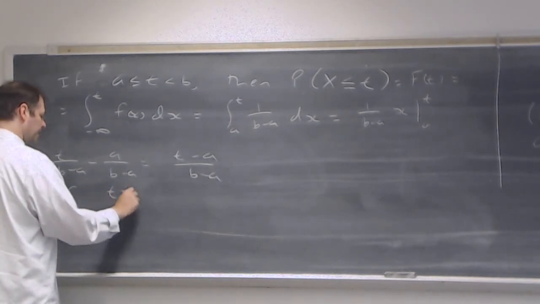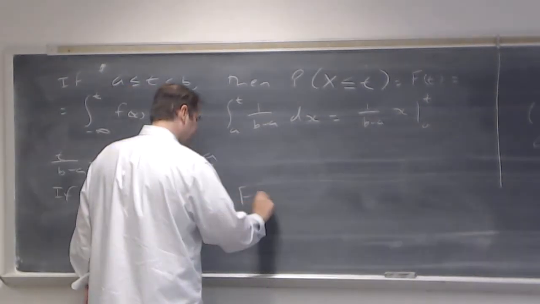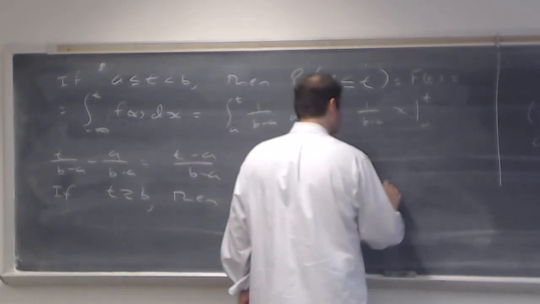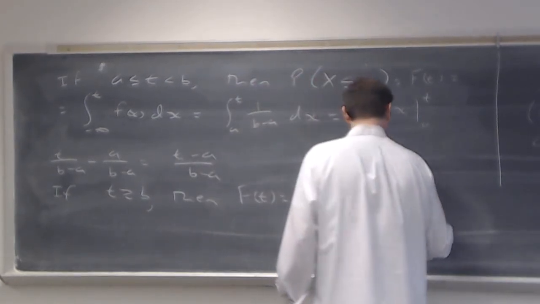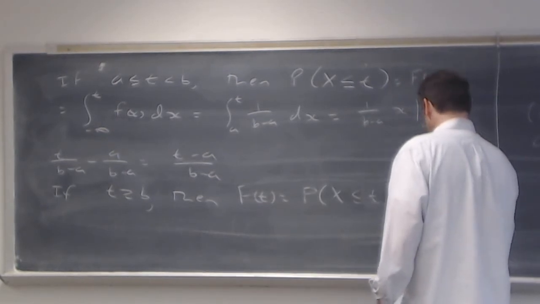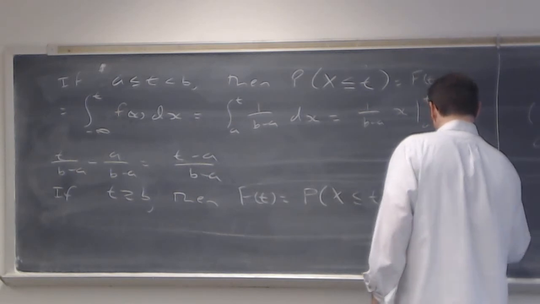Now, if t is bigger than or equal to b, then F of t, which is equal to the probability that X is less than or equal to t, is the integral from minus infinity to t of f of x dx.